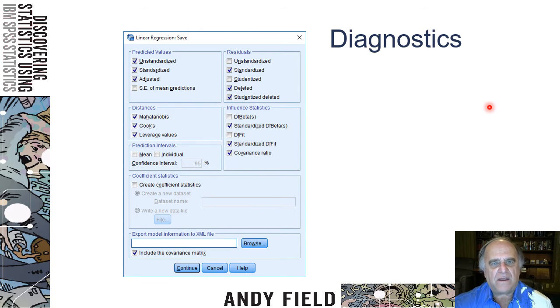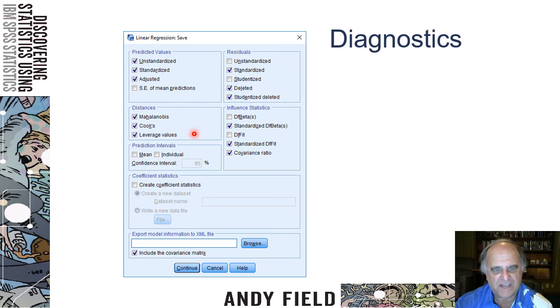And then he wants a lot of diagnostics, which I can understand. You can choose a lot of different diagnostics, things you save. So you can see saving predicted values, unstandardized, standardized, and adjusted, saving standardized residuals, deleted, and studentized deleted.